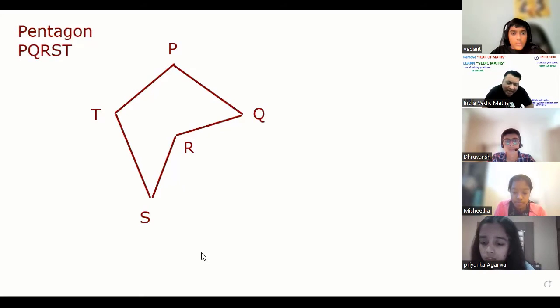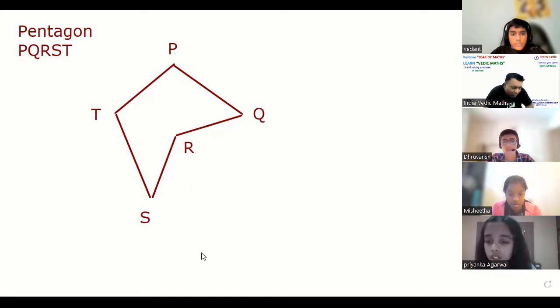Keep writing, everyone. And guys, don't write in the private chat. Write in everyone's chat. SRQT, no Priyanka. There are 5 sides, Priyanka. QRSTP is correct. Vedant: PQRST, TSRQP, SQR, SRQPT, correct. PT is correct. Very good, Vedant. Mayank, write in capital letters, please.